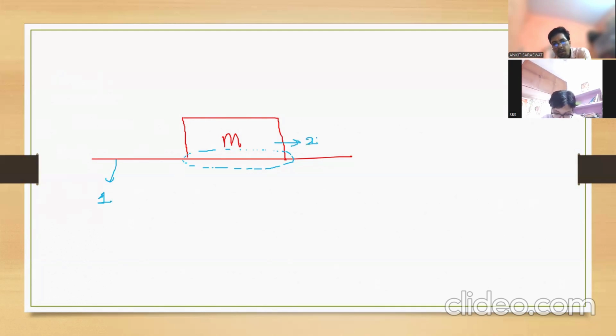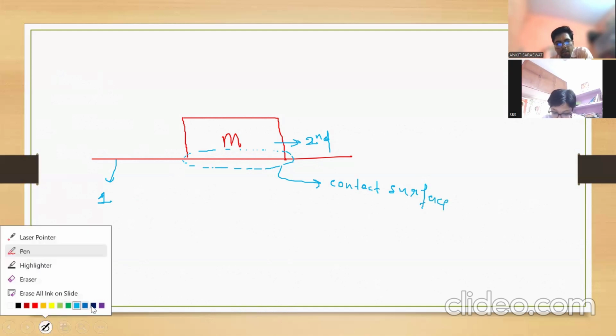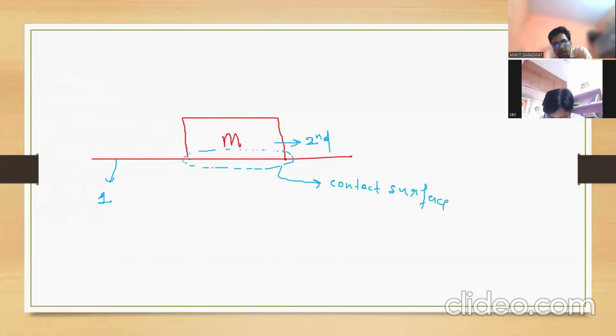Then the second body is in contact with the first body. This is the contact surface. I will draw this contact surface separately. I will zoom in. This is the surface in contact.